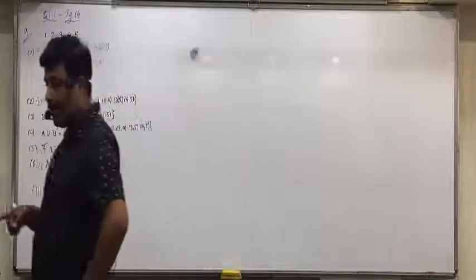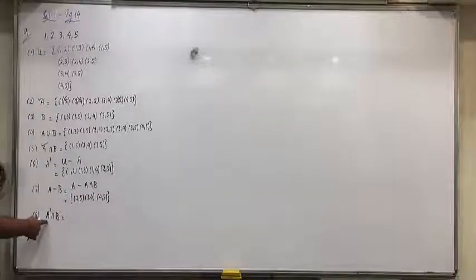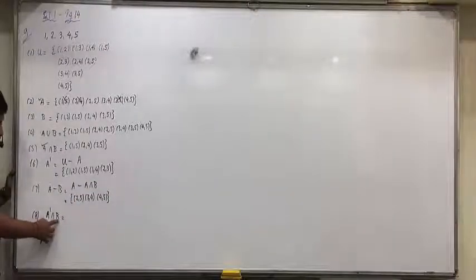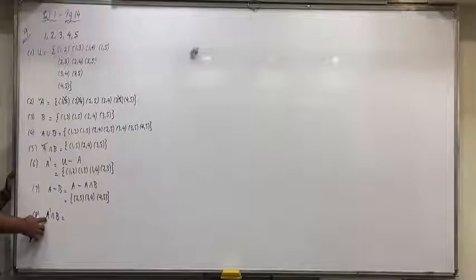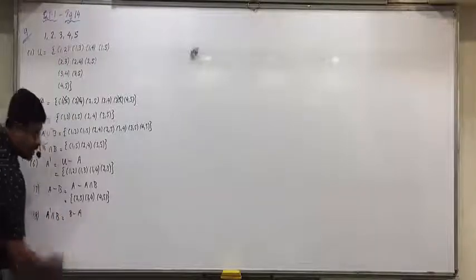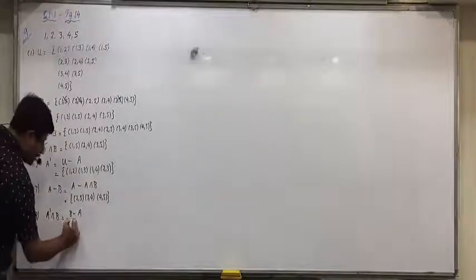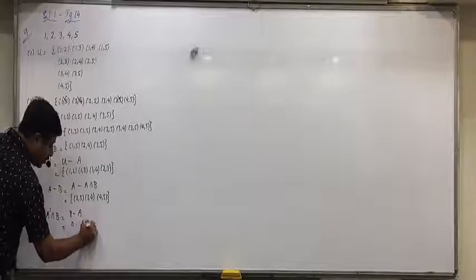One is B minus A, then I also wrote B intersection A naught. Is it the same or not? So in short, B intersection A naught is B minus A, and we had also written only B occurs. B minus A means B minus A intersection B.